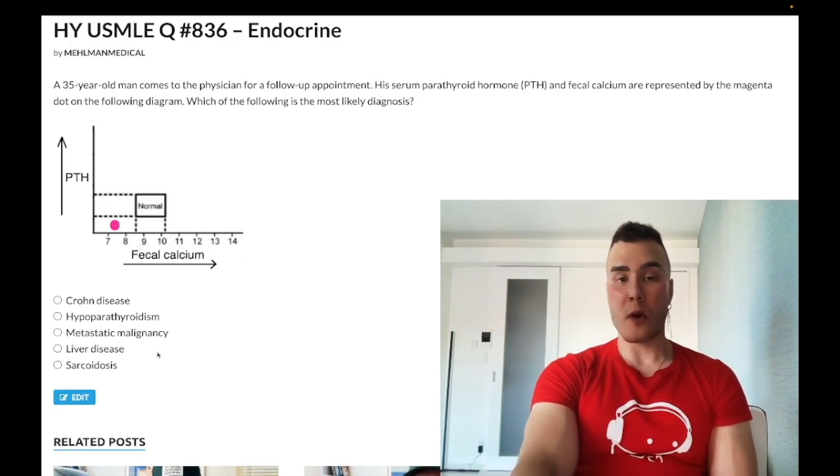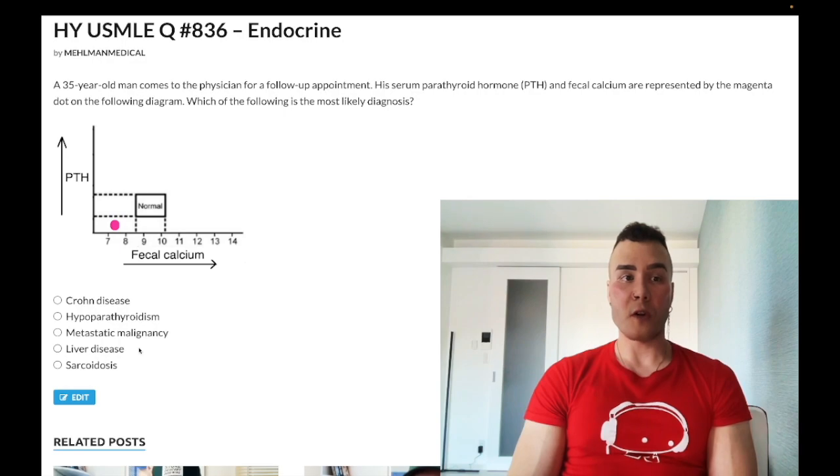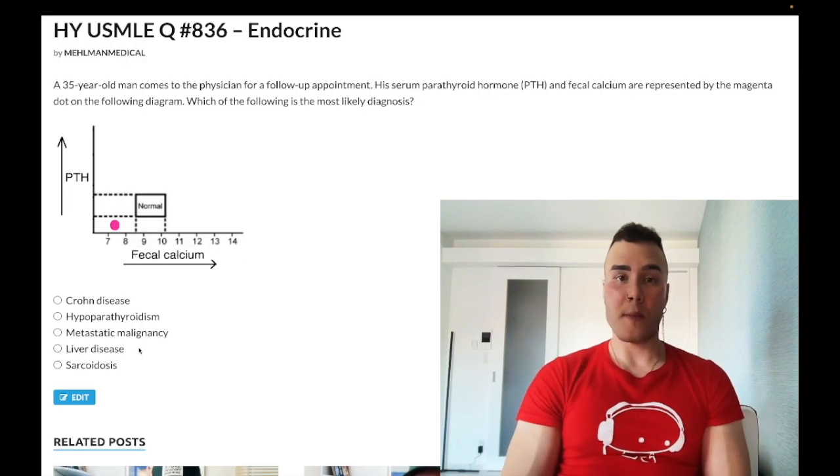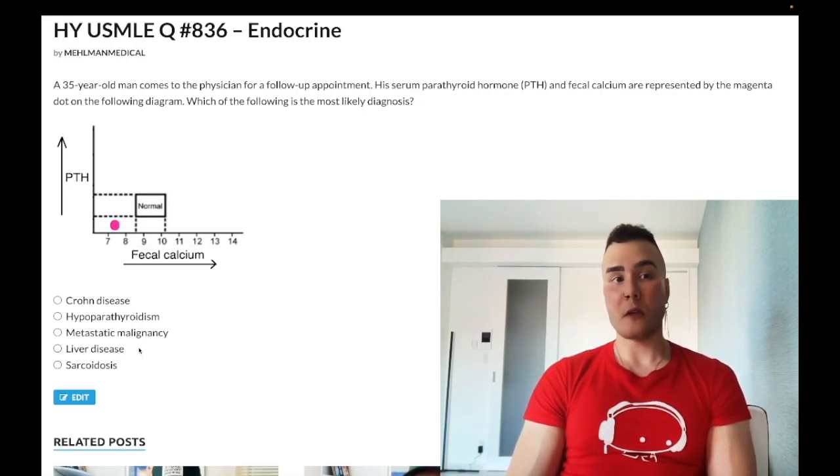Choice D, liver disease, wrong answer. This one's a bit difficult. Normally for vitamin D synthesis, we have 7-dehydrocholesterol in the skin converted via UVB radiation, in the basal layer, to cholecalciferol. Cholecalciferol goes to the liver, takes on a hydroxylation, becomes calcidiol, aka 25D3. The latter goes to the kidney, becomes calcitriol, 125D3.